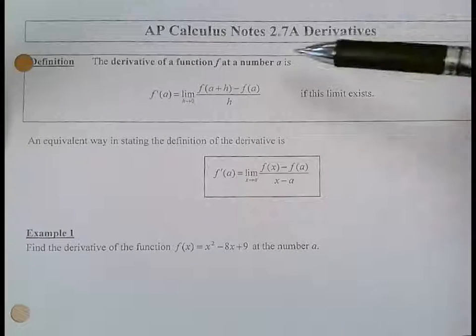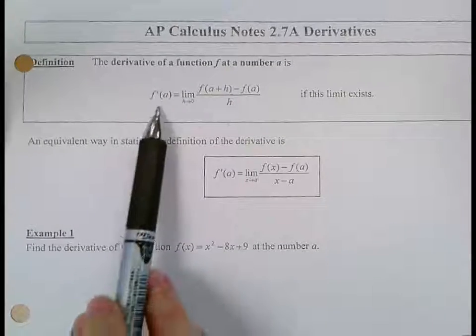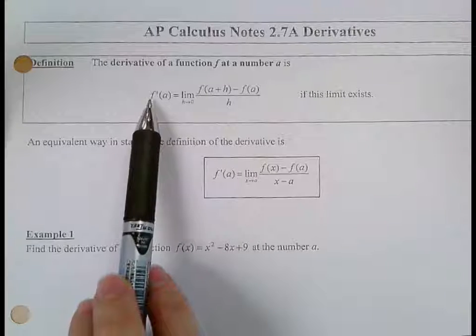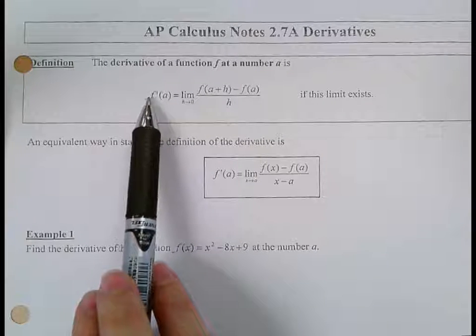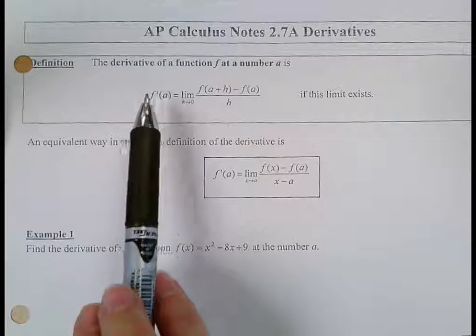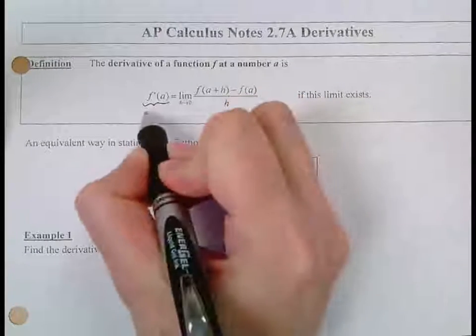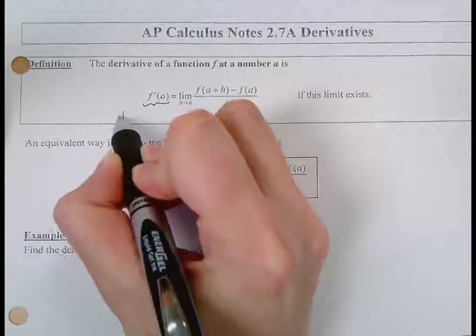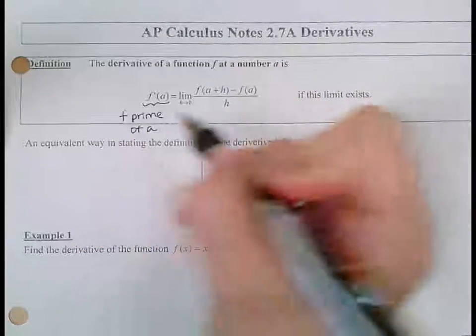So the derivative of a function f at a number a is, and with this notation, it looks like f, and then it looks like a, well, it's not a 1, apostrophe, thank you. It looks like an apostrophe, but this is read as f prime of a.